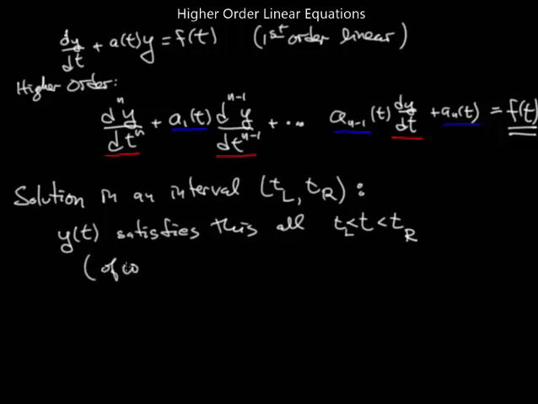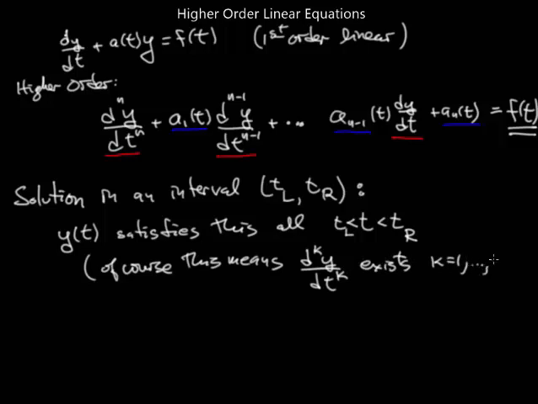To say that it satisfies this means that all of the derivatives of y are defined, the first through nth derivatives. That goes without saying when you're talking about solutions: your functions are n times differentiable.